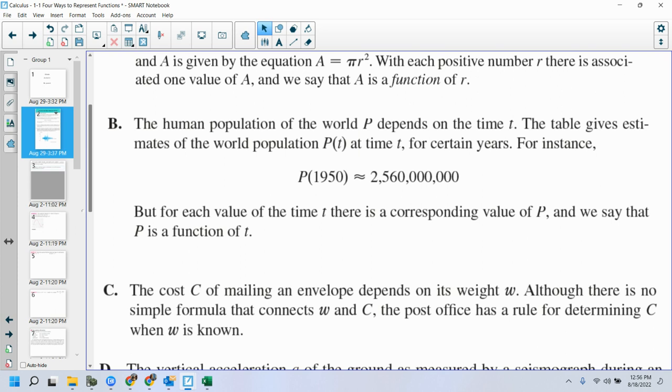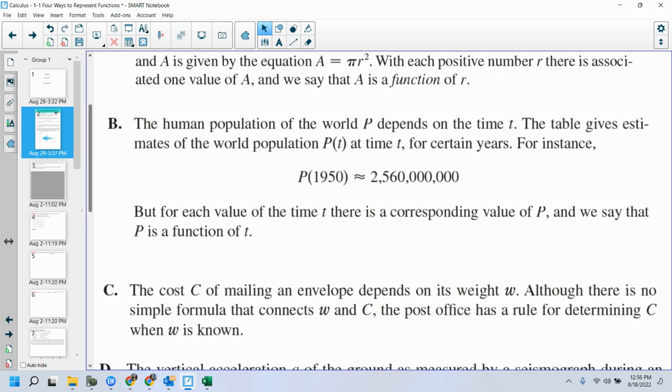World population P of T is the population at a certain time T. That notation is telling us that the population at year 1950 is about 2.56 billion. But for each value of time, there is a corresponding value of P. That constitutes a function. For every one input for the time, I get one population value as the output. One to one.